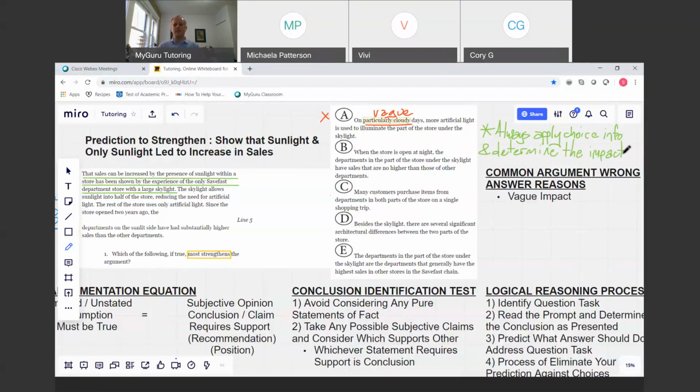So choice B says when the store is open at night, the departments in the part of the store under the skylight have sales that are no higher than those of other departments. Now, let me just ask an honest question. Does choice B seem strangely phrased and hard to understand?